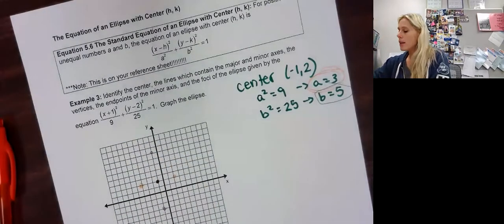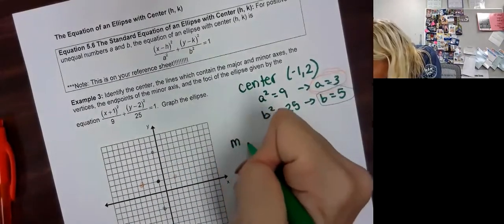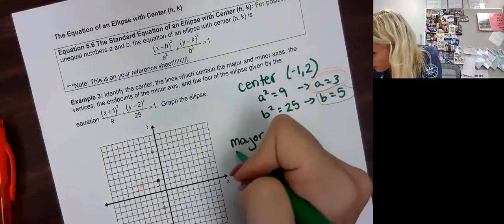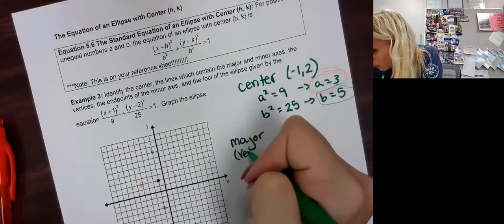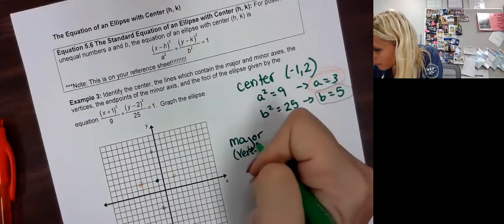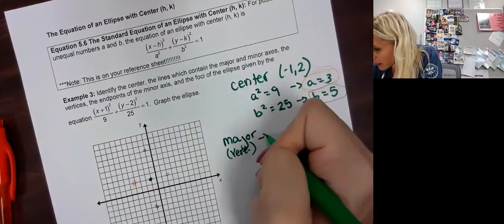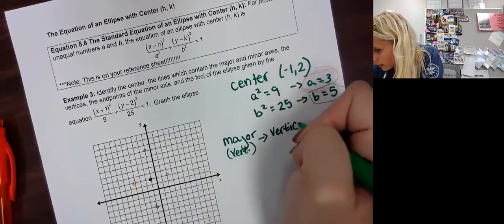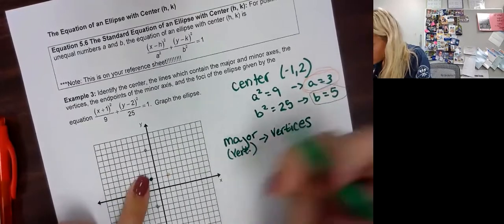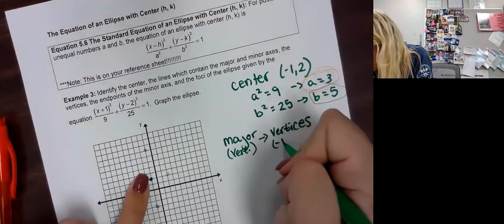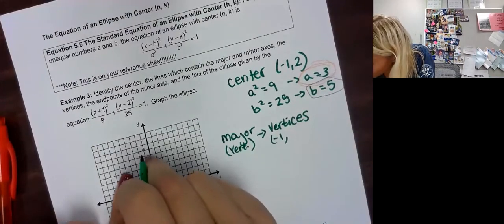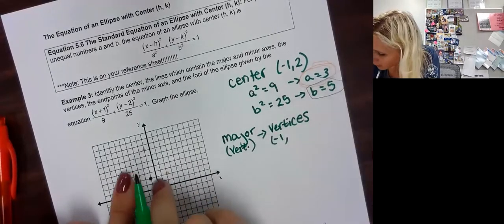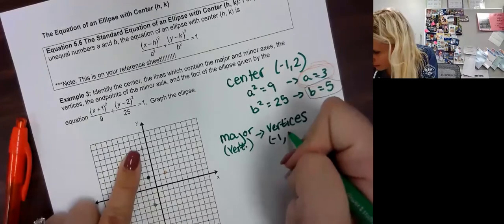So the major axis, remember, which is the longer part, is the vertical part, which also gives us our vertices. In those points, it looks like it is -1, 1, 2, 3, 4, 5, nope, I meant 6, 7, right? Because that's 7.